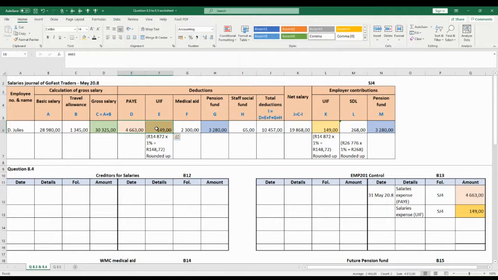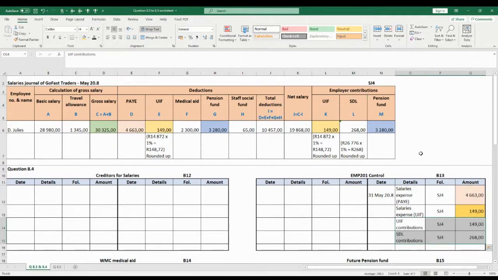Okay, but we also have our UIF and your SDL contributions that your employer makes that you also have to account for in this account. So if we import those two here, you'll see it's UIF contributions. Now the reason we say UIF contributions is because that is the expense account we will take it to.